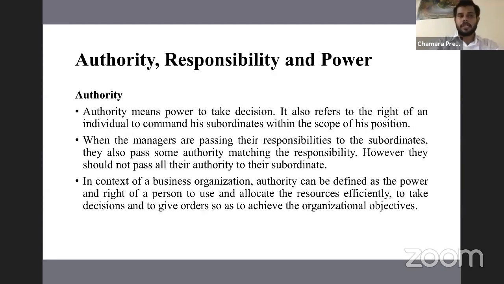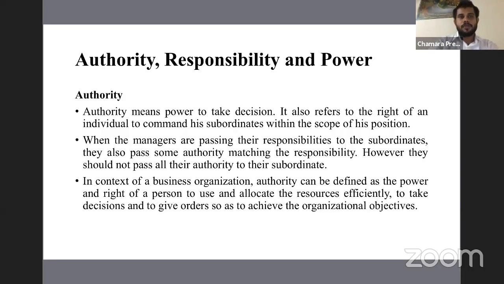Now we're going to talk about another aspect in the same part, which is very important: authority, responsibility, and power. We told you that in the development of the organization structure, we need to delegate and allocate the tasks among different employees.